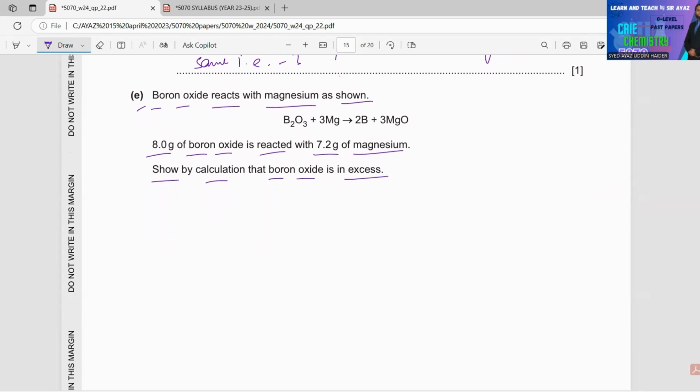Now you have two options, either convert mass into moles, or use the mass given in order to prove that boron oxide is in excess.